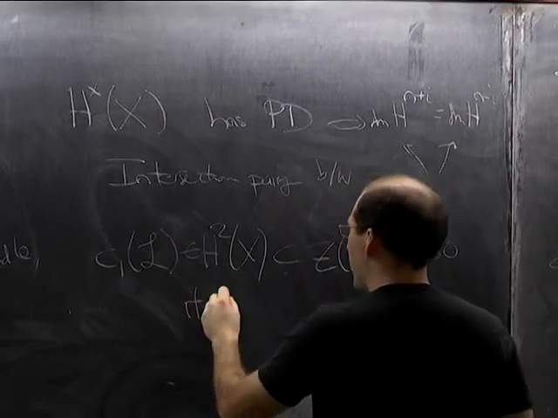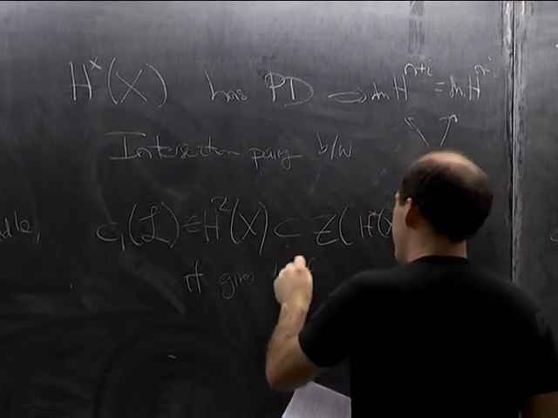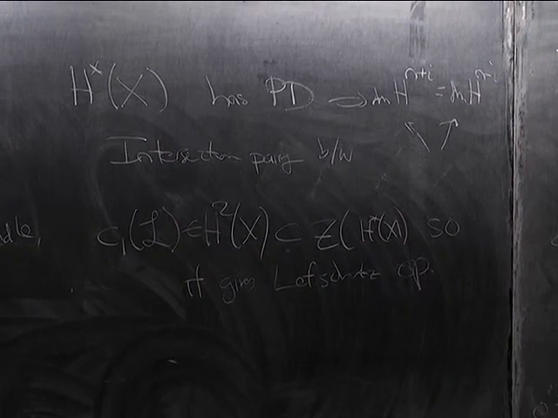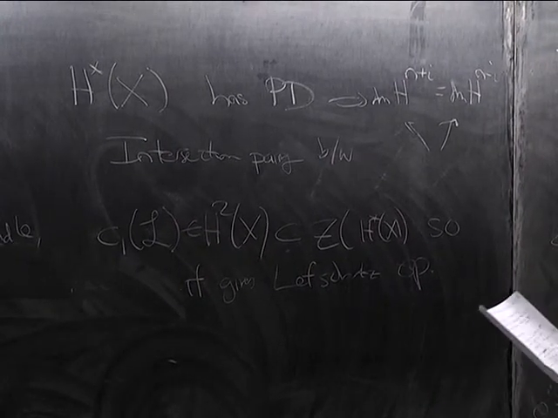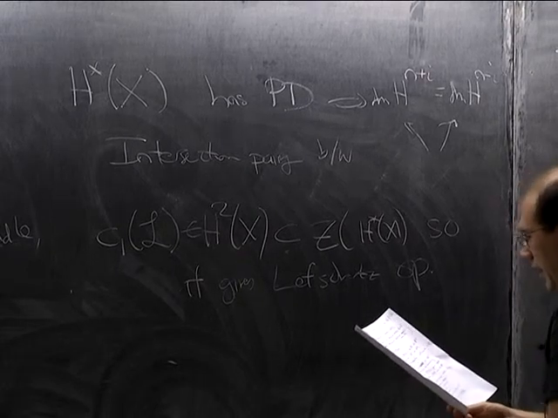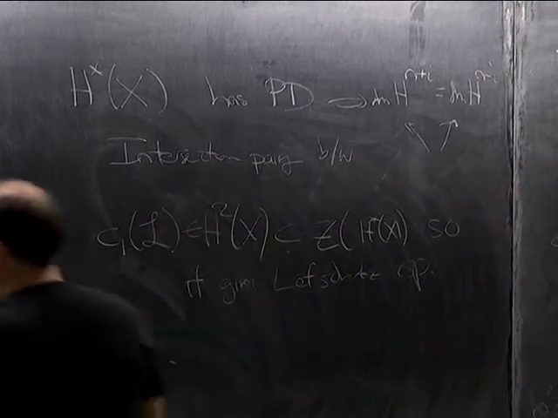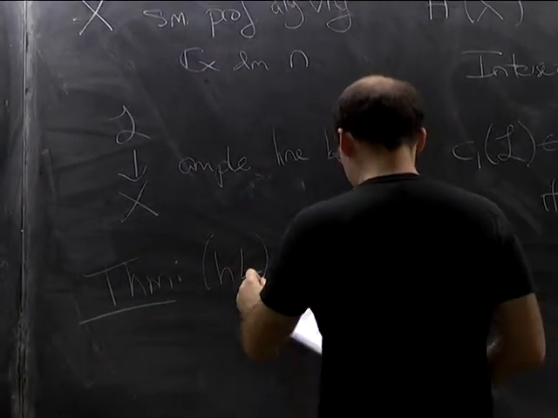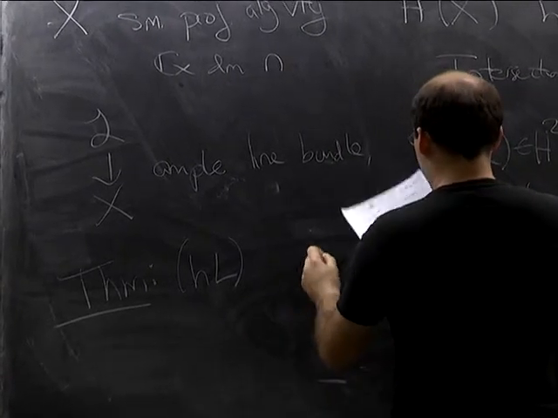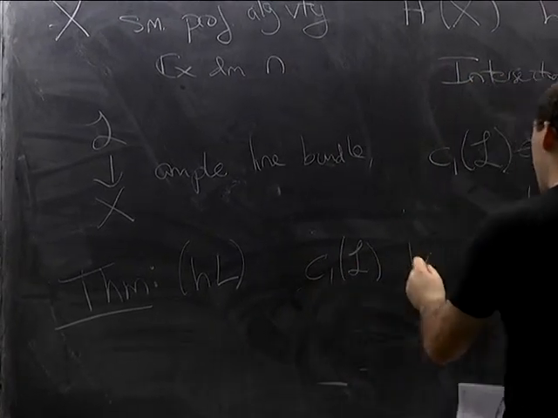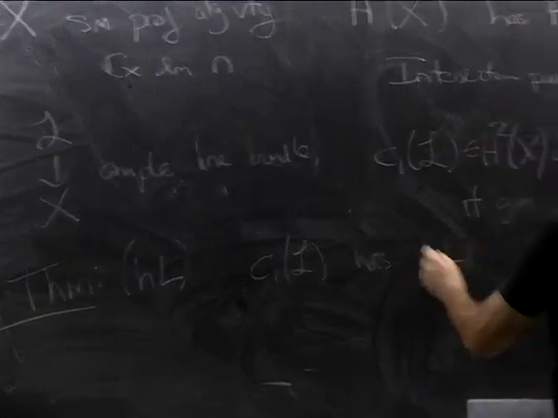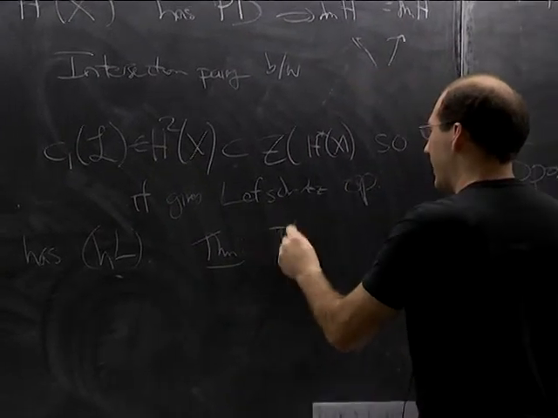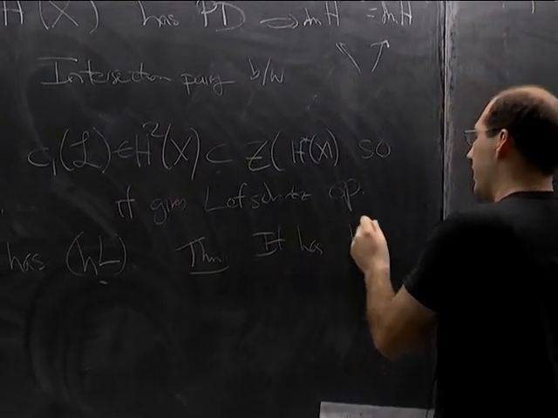So it gives a Lefschetz form. So then we have the hard Lefschetz theorem, which is that this operator has HL. And I suppose then there's also the other theorem. It has HR.